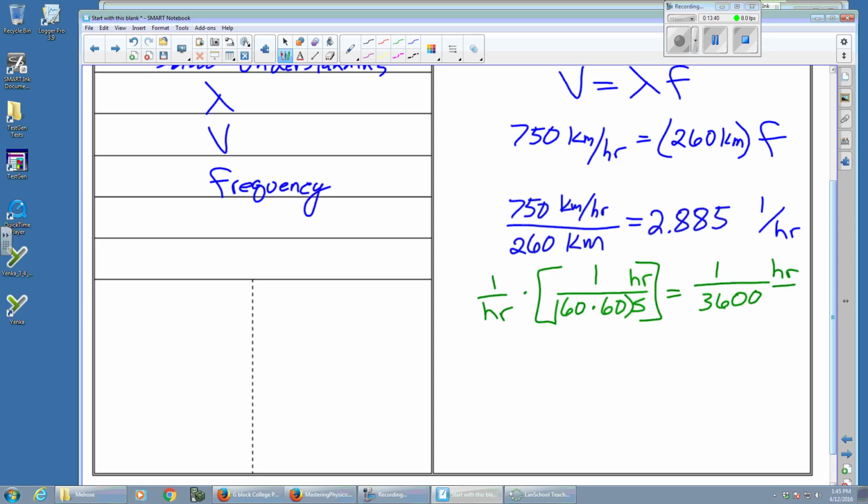hours over seconds. So I'm going to take back to my problem, 2.885, 1 over hours, multiply it by 1 hour over 3,600 seconds, and that'll give me an answer.